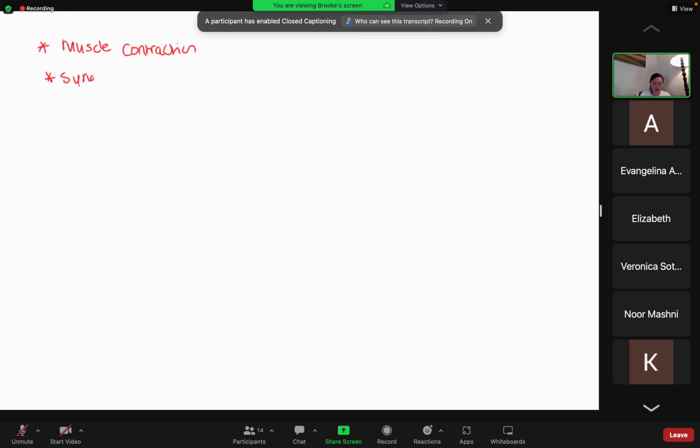You want to really understand the synapse in depth, and understand the physiological kidney functions, which we're going to talk about Thursday, like the loop of Henle, the juxtaglomerular apparatus, ADH, stuff like that.